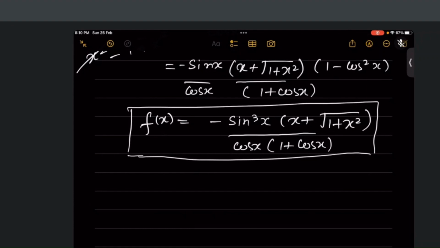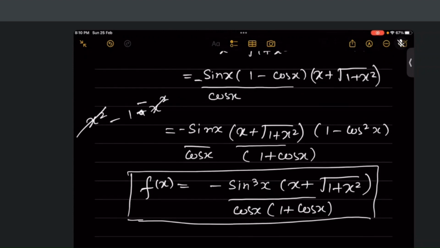Has everyone understood? Others also? Yes. Copy it as well.